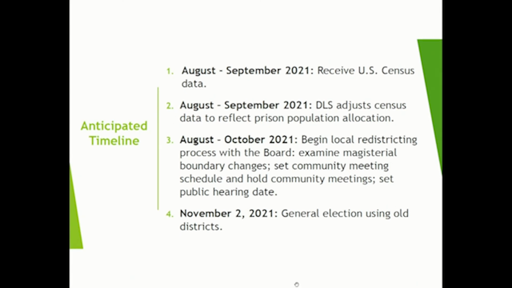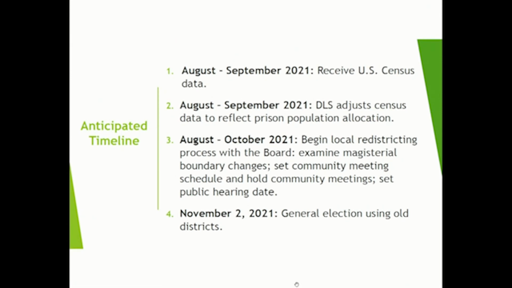So, a quick timeline: getting the data in August and the more up-to-date format in September. DLS will start adjusting census, but we will start the redistricting process in August, and that really will be very much a communication between board members to begin with. And we will be setting up, with your guidance and input, a community meeting schedule so the community can take a look at various plans that you all may be looking at.